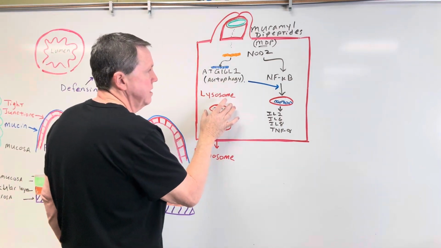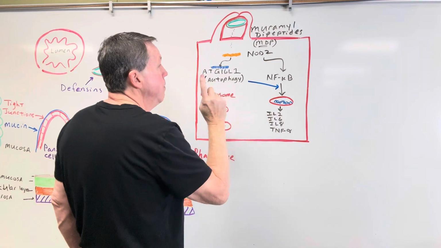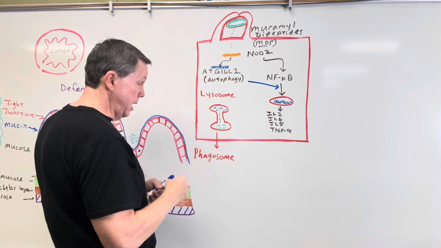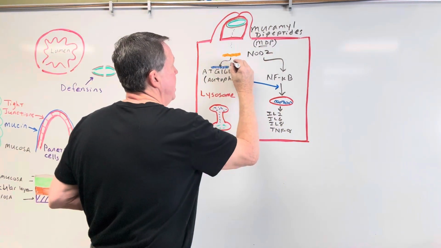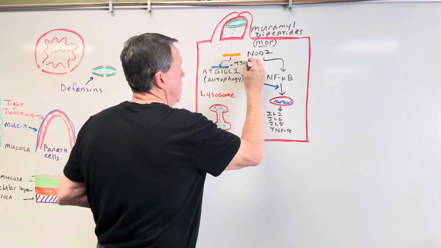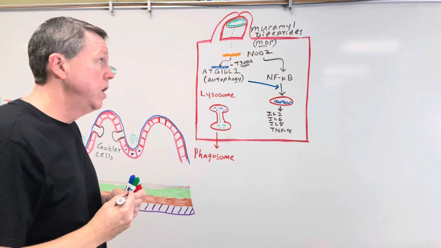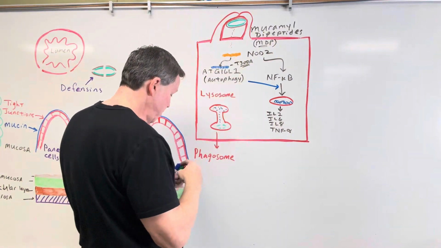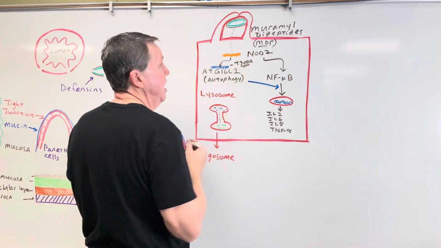The third thing that's gonna happen, it doesn't really matter right now, but we'll see in a little bit, we don't turn this off. But here's what's gonna happen, is you have this ATG16L1, you also have an area on this that we're gonna call T300A. You can get a mutation in this also. If I get a mutation in this, what's gonna happen is my MDP will come, it will activate the NOD2.